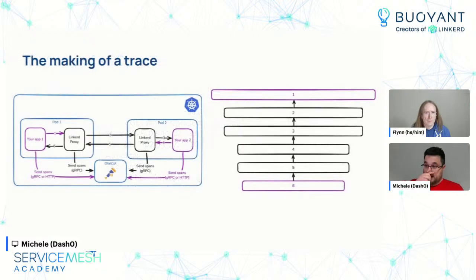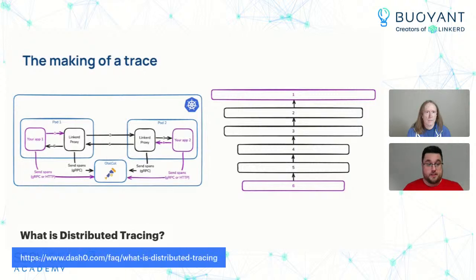Spans are created as your applications communicate with one another, and you create effectively a tree of spans. Without considering some corner cases, distributed traces are effectively trees.